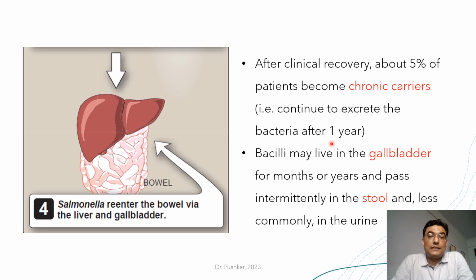The bacilli usually live in the gallbladder for months or years, and from the gallbladder they intermittently pass the bacilli, most commonly in the stool. So stool becomes one important cause of the bacterial infection to others. But less commonly it may also pass through the urine of the chronic carrier patient.